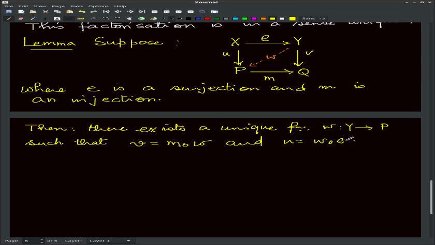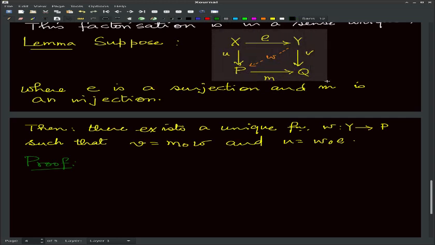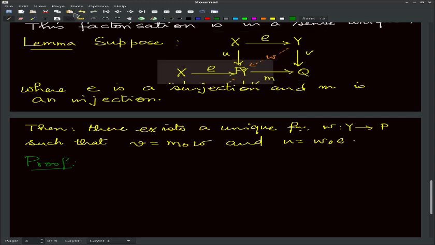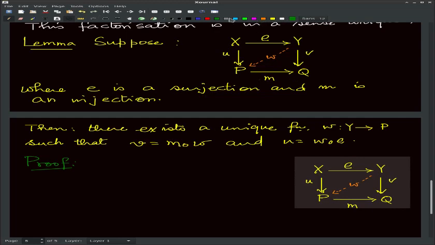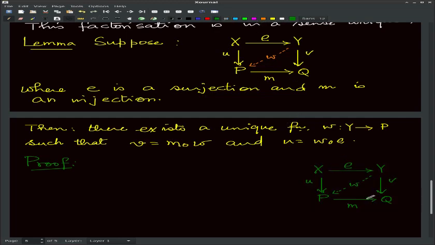Now let's see how we prove this. So let us redraw this. Let's try.